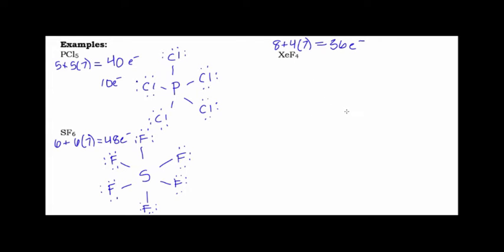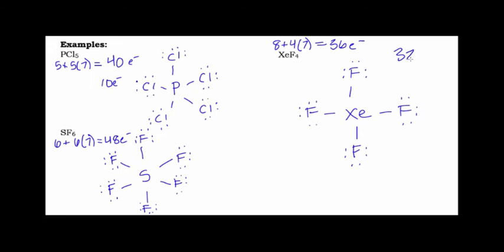Xenon will go in the middle. Spread out the fluorines. Okay, so we have 2, 4, 6, 8, 10, 12, 14, 16, 18, 20, 22, 24, 26, 28, 30, 32.